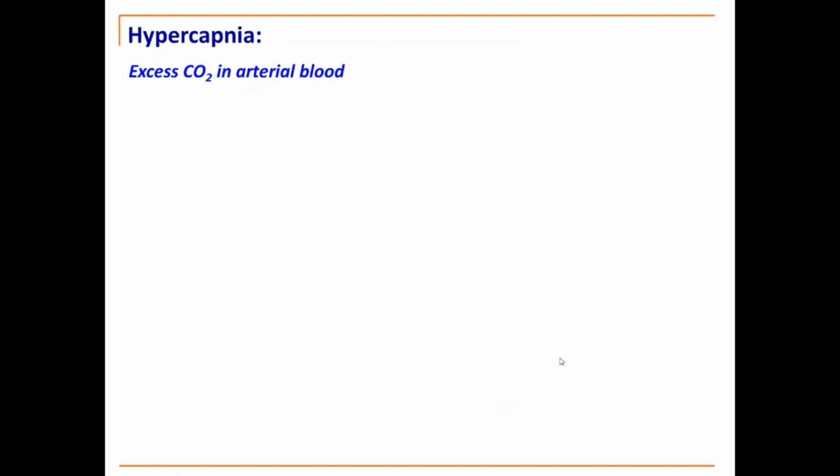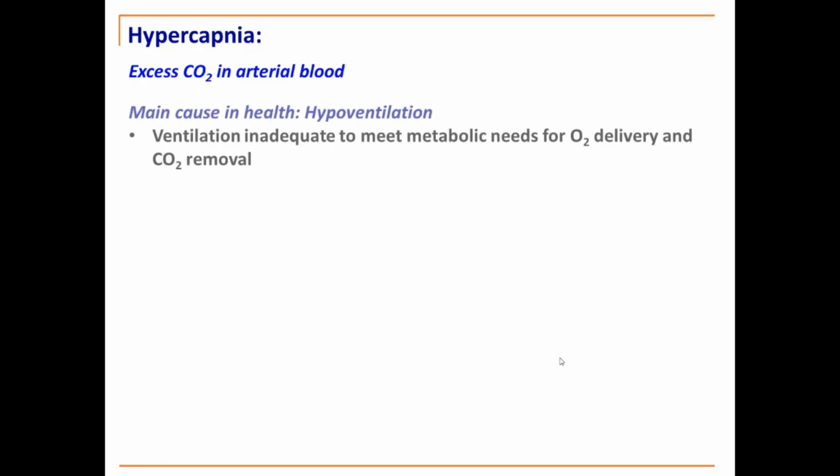Okay, so hypercapnia. So this is excess carbon dioxide in our arterial blood. The main cause of this, if you think about it, when you get a buildup of CO2, is if you breathe less, so it starts to accumulate. So that's in hypoventilation. So in other words, ventilation is inadequate to meet the metabolic needs for oxygen delivery, but also for carbon dioxide removal.